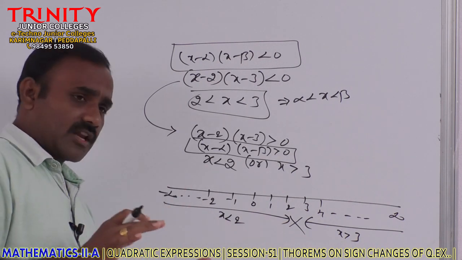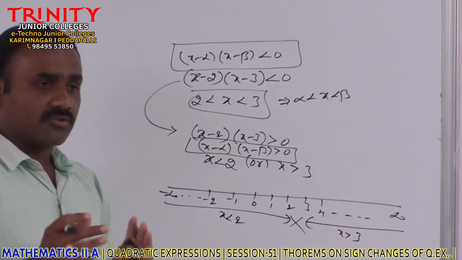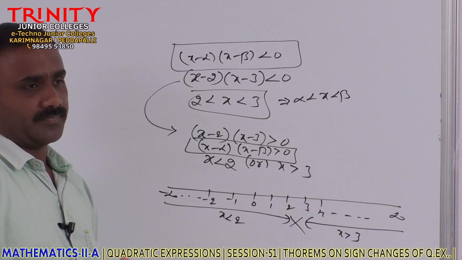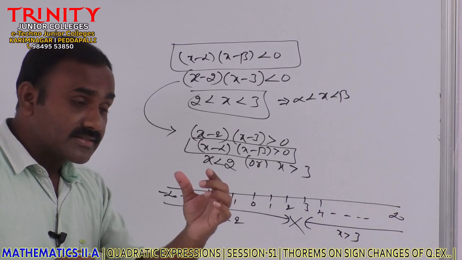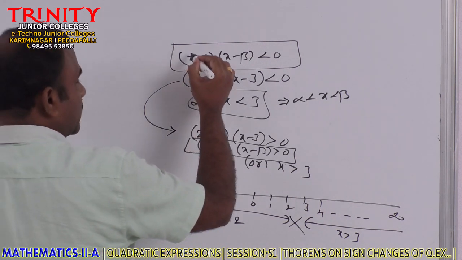To get the values of alpha comma beta, it is necessary to split into factors. But without factorization, without roots, we can say whether x lies or does not lie, just by seeing the expression.